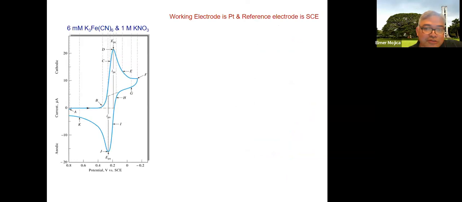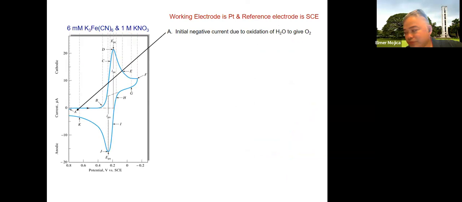And if we're going to look at a specific example, I have here potassium ferrocyanide with KNO3. So it will tell you what is happening in the given system. The initial negative current that you have there is due to oxidation of water to give oxygen.